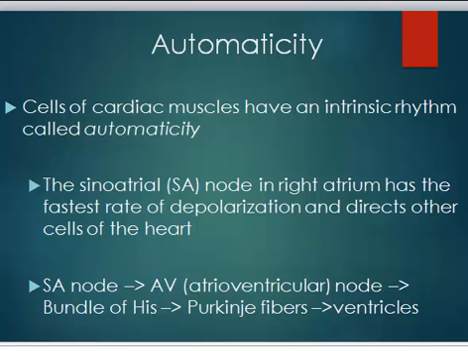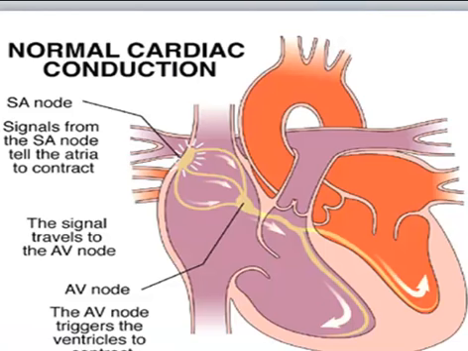So the SA node has the fastest rate of depolarization. The SA node depolarizes, sends the message to the AV node, which then goes to the bundle of His, the Purkinje fibers, and then the ventricles. Signals from the SA node tell the atria to contract. Then the signal travels to the AV node, and the AV node triggers the ventricles to contract.